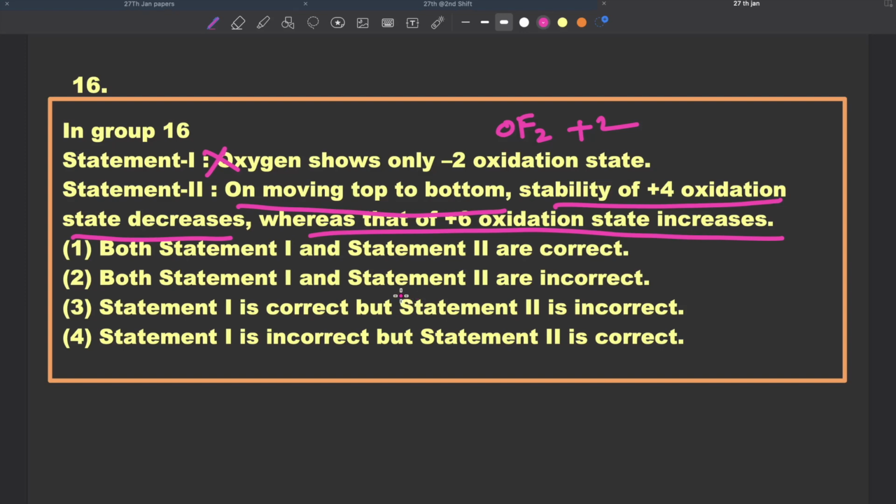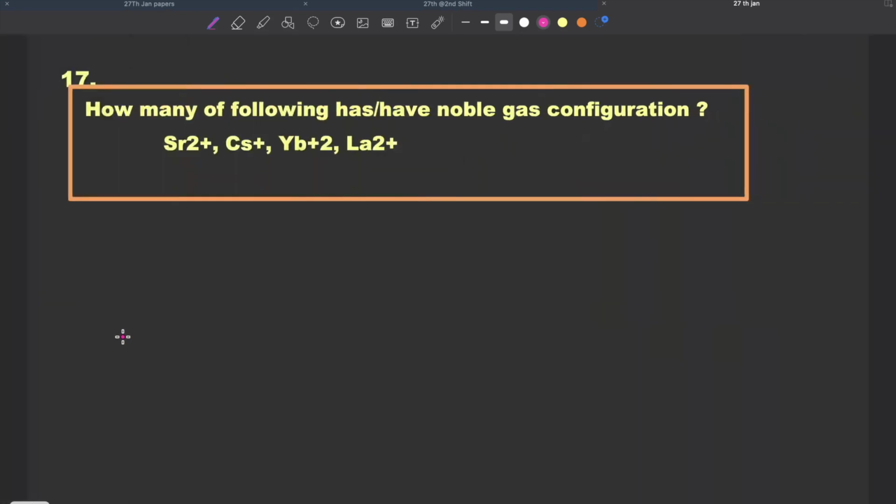So is it talking about inert pair effect? Due to inert pair effect, +4 is stable. So both the statements are incorrect. Both statements should be incorrect statements. The answer will be 2.